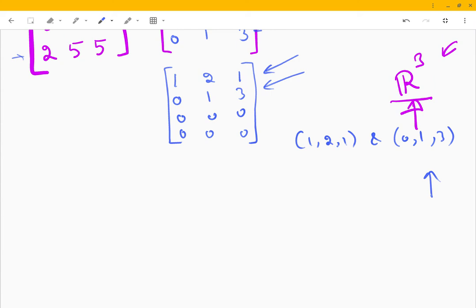I'm mixing. Anyway, just remember this. Also, if we define another transformation from R3 to R4, this can never be onto. The dimension is 3, here the dimension is 4. Such a transformation can never be onto. The dimension of codomain should be less than or equal to the dimension of domain for it to have a chance to be onto.